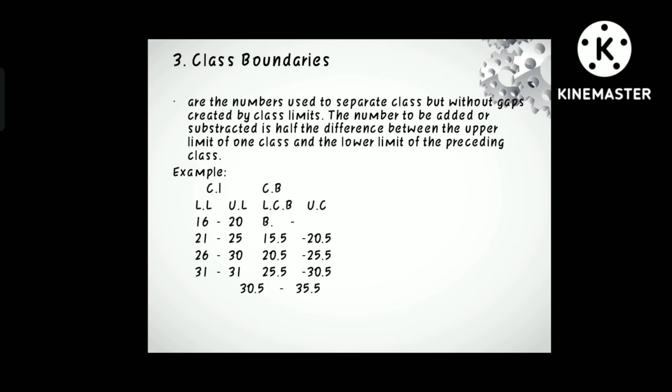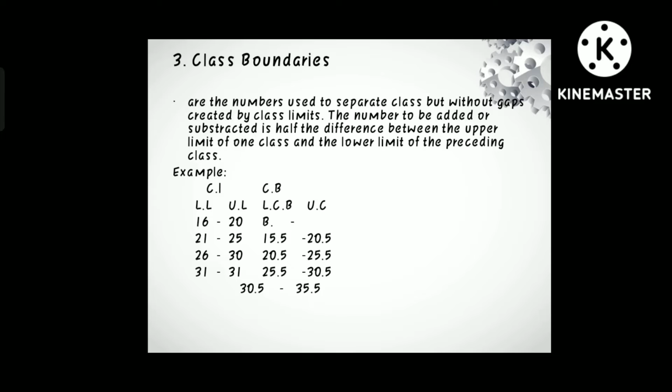We subtract the first upper limit from the second lower limit. For example, 21 is the second lower limit and the first upper limit is 20.